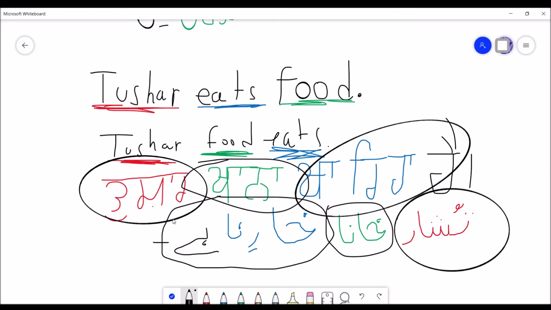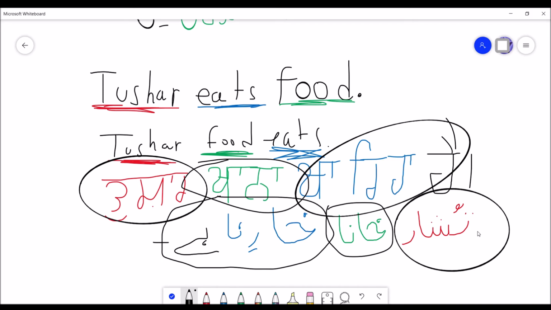So like Tushar is eating food, is eating food Tushar. Pretty much would mean that. So like kha reha hai khana Tushar, backwards. Either way, the sentence structure in Punjabi, you can mix it around a lot.